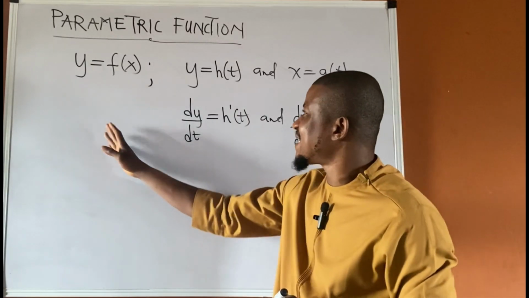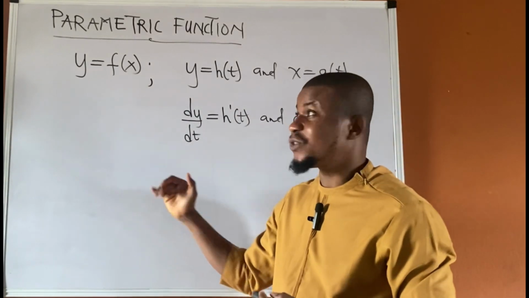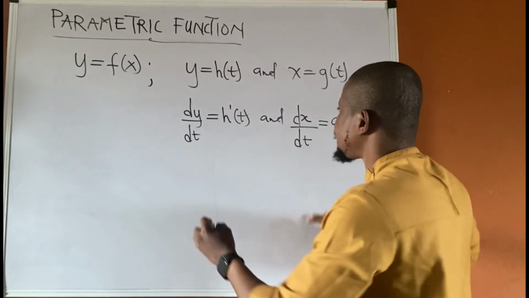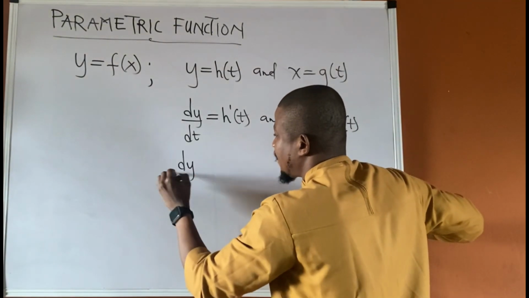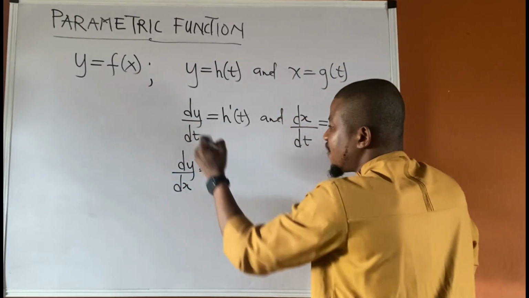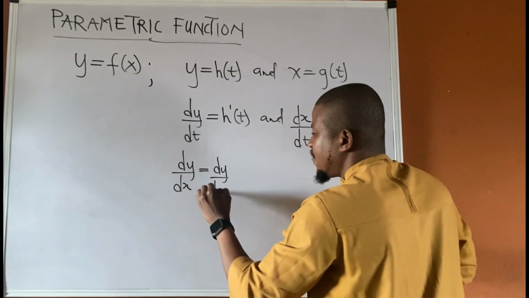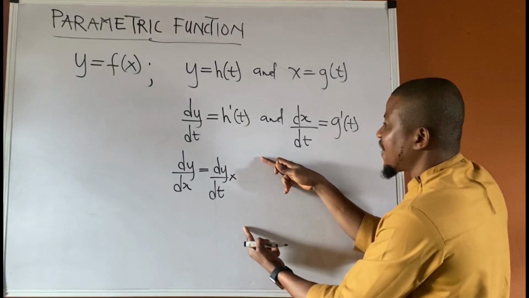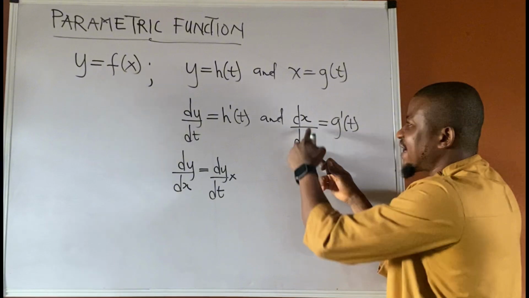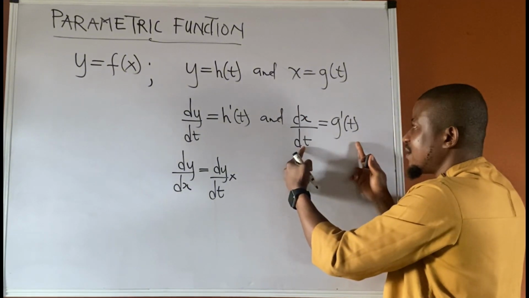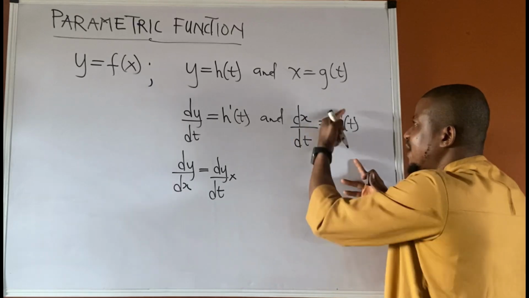Now, how do I get my dy/dx? To get my dy/dx, what I will now do is find dy/dt times dt/dx. So we need to find the inverse of this dx/dt. If dx/dt is this, then dt/dx will be the inverse of this.